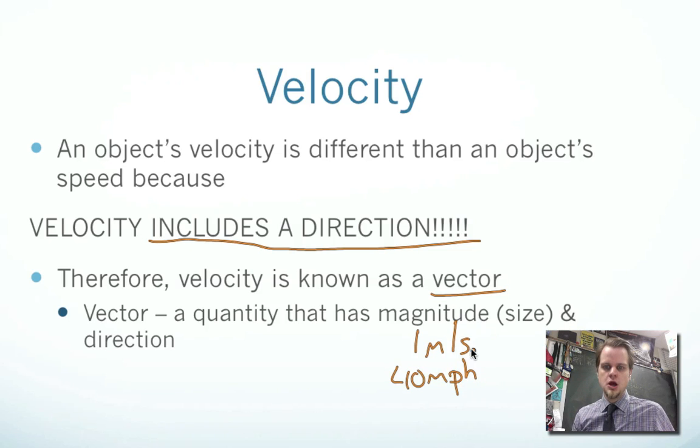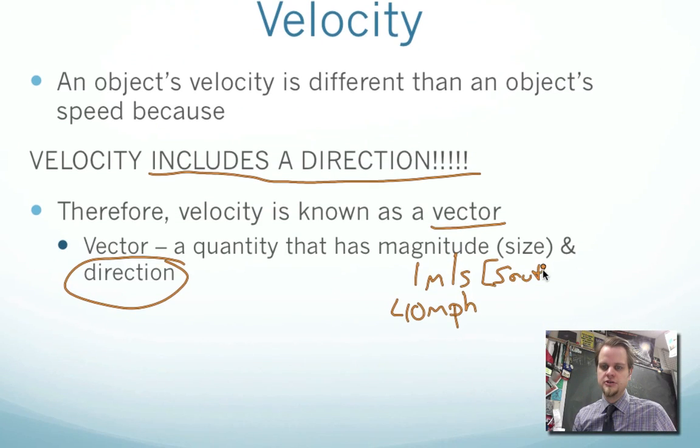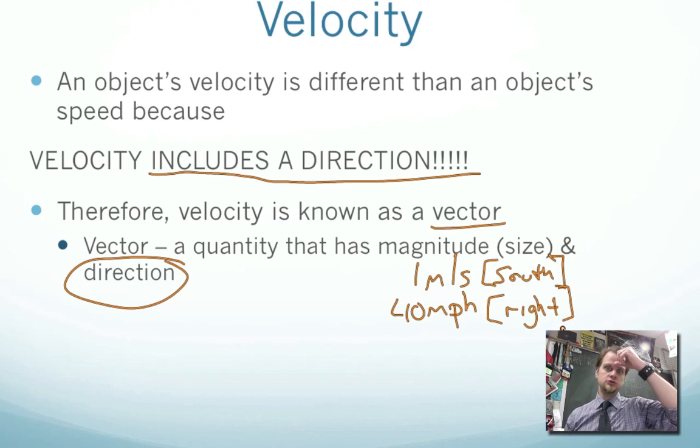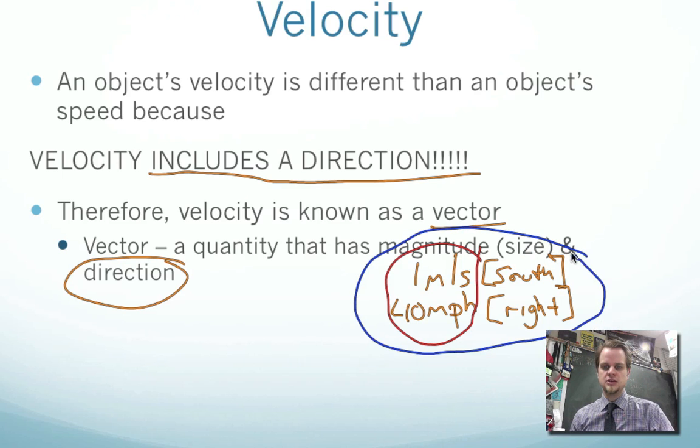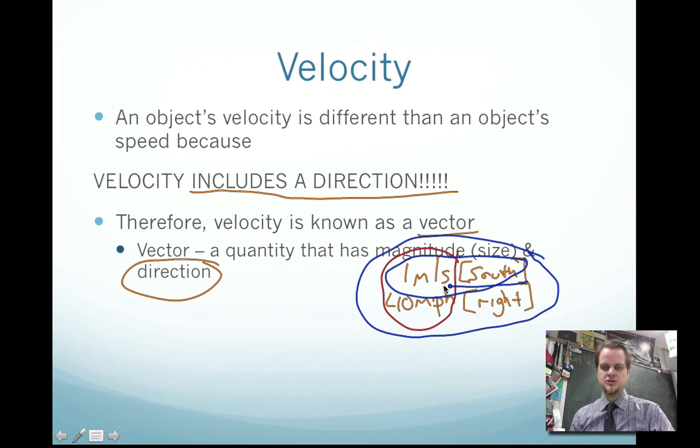That's a magnitude. But it also has the direction added in. So that would be 1 meter per second south, or 40 miles per hour to the right. Those are all directions. So if you're just looking at this part, you're looking at speed. But if you're looking at all of these together, either 1 meter per second south or 40 meters per second to the right, you're looking at velocity.